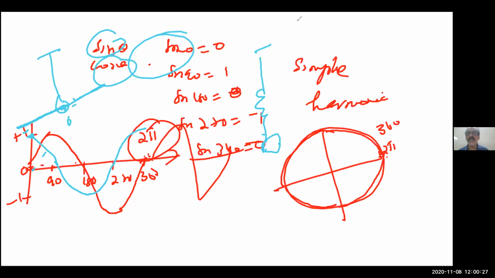Yes, sir. These simple functions are known as sine and cos, so we call them simple harmonic functions.